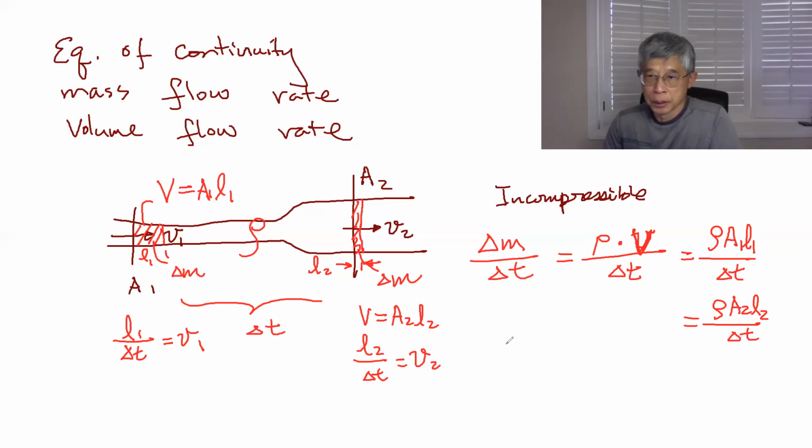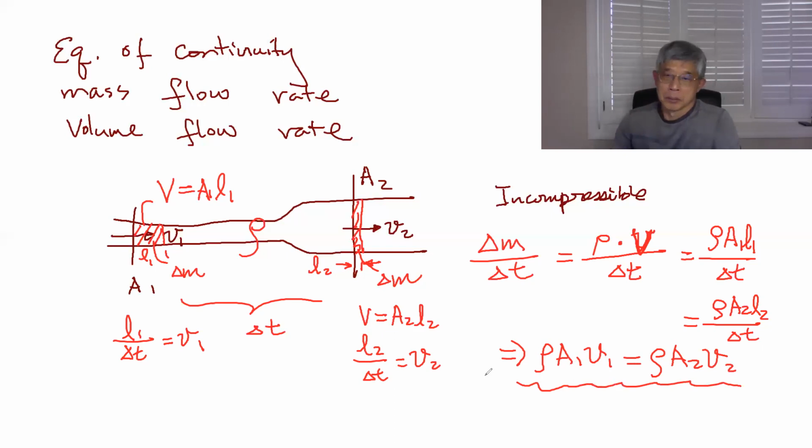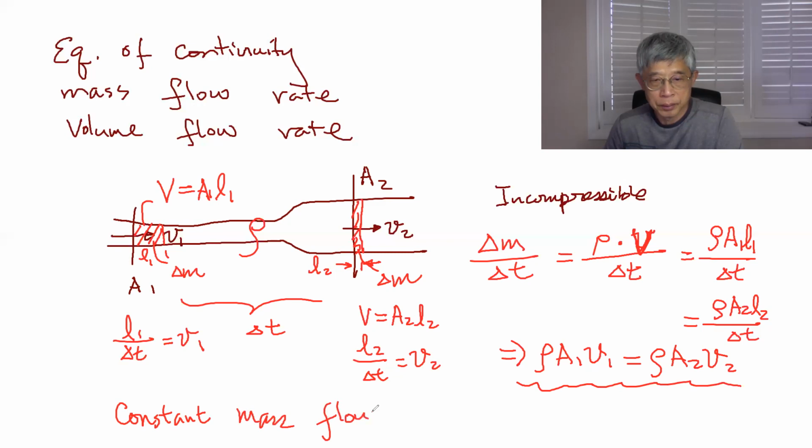So then this gives us rho A1 V1 is equal to rho A2 V2, okay? So that's the constant mass flow rate, right? That is your equation of continuity.